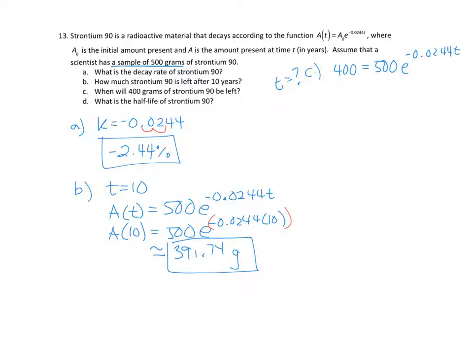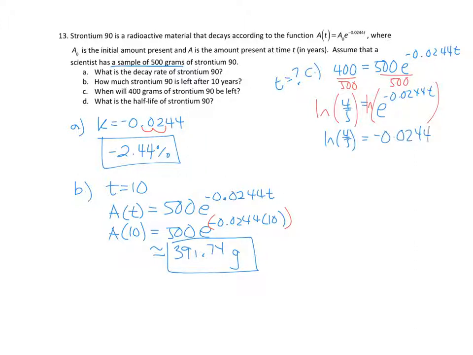So to solve this, we start off by isolating the exponential part. We divide both sides by 500, and we get 4/5 on the left side is equal to e to the negative 0.0244t. And now to get rid of that e and get to the exponent, we can take the natural log of both sides. And we get the natural log of 4/5 equals negative 0.0244t.